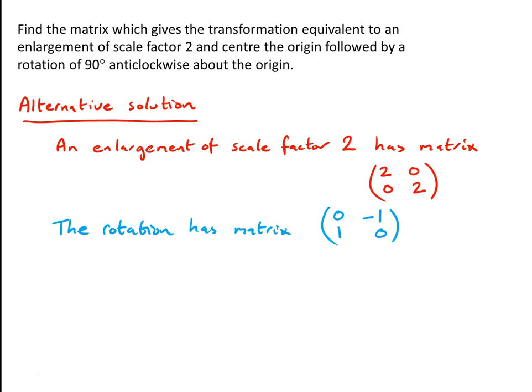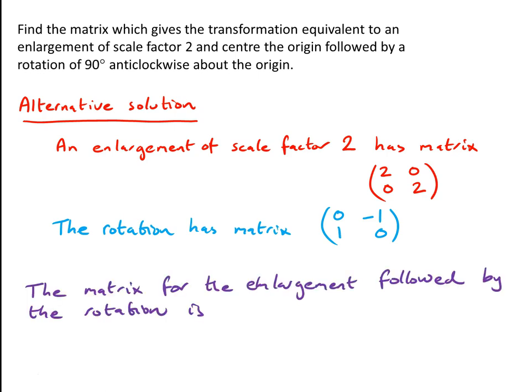So the matrix for the enlargement followed by the rotation is the matrix for the enlargement pre-multiplied by the matrix for the rotation.